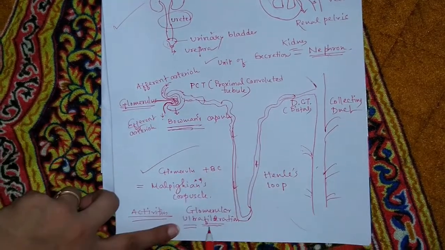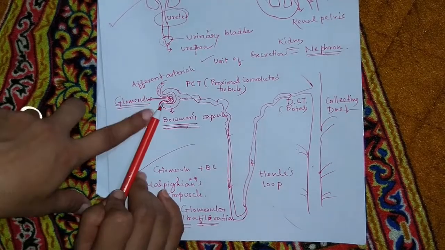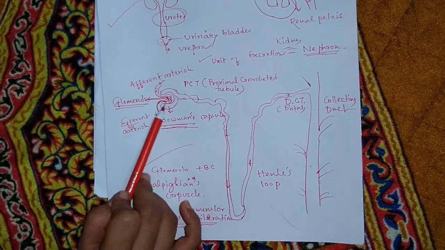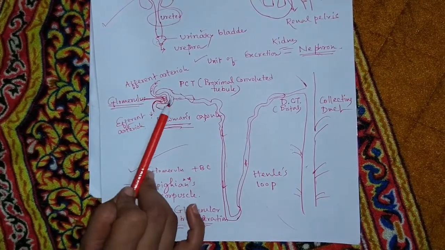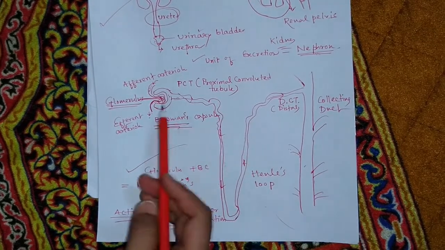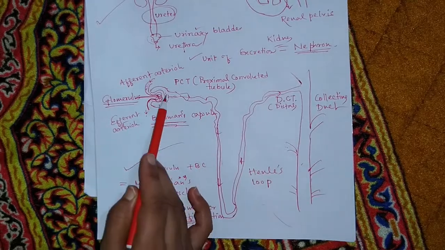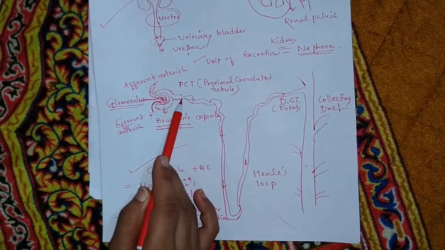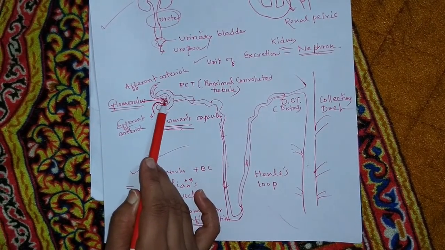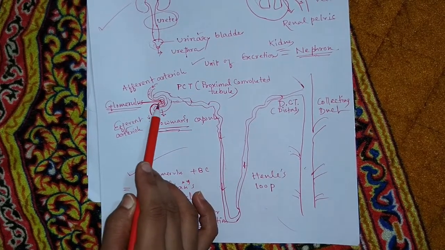I'm repeating, glomerular ultrafiltration happens under huge pressure. All the necessary things which need to be reabsorbed or need to go outside come here through the Bowman's capsule. Only plasma proteins are not passed through.